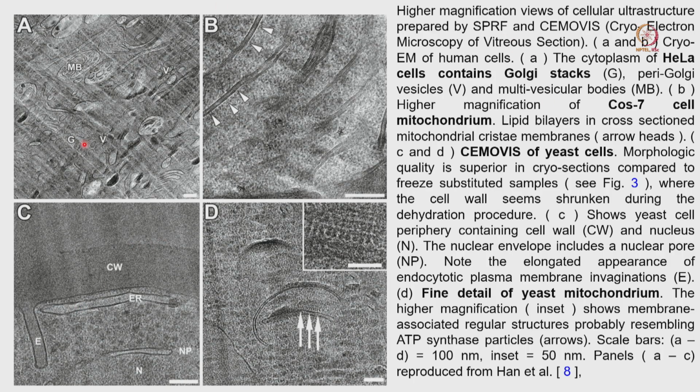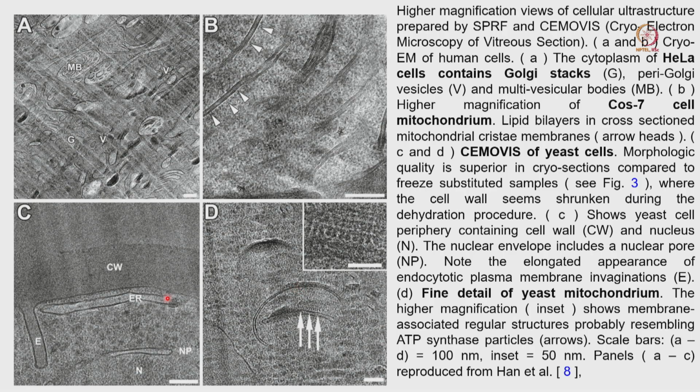There is another example of this self pressurized rapid freezing technique, as well as cryo-electron microscopy of vitreous section. Here you can see that after high pressure freezing, we applied vitreous sectioning to image these different cells, mostly yeast cells.